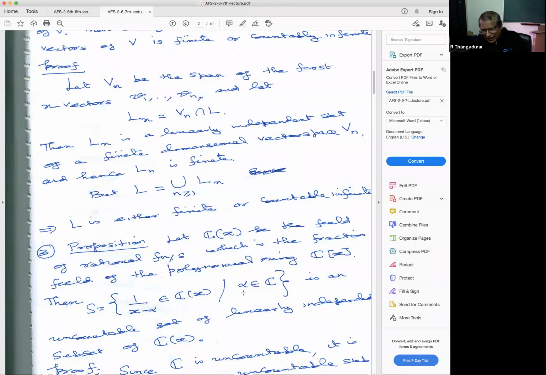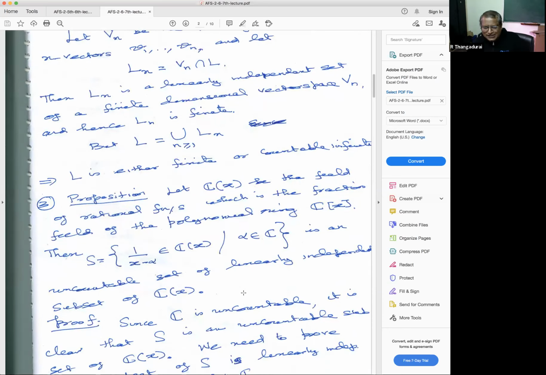Then I am taking the elements 1 by x minus alpha 1, ..., 1 by x minus alpha n. N elements I am taking from this set. And given any non-zero tuple c1, c2, ..., cn of complex numbers, the linear combination should not be a zero function. I have to prove that. That's the only catch, nothing more.